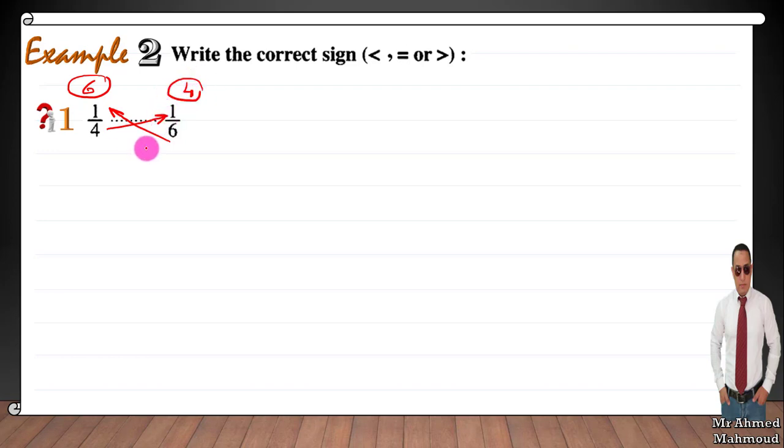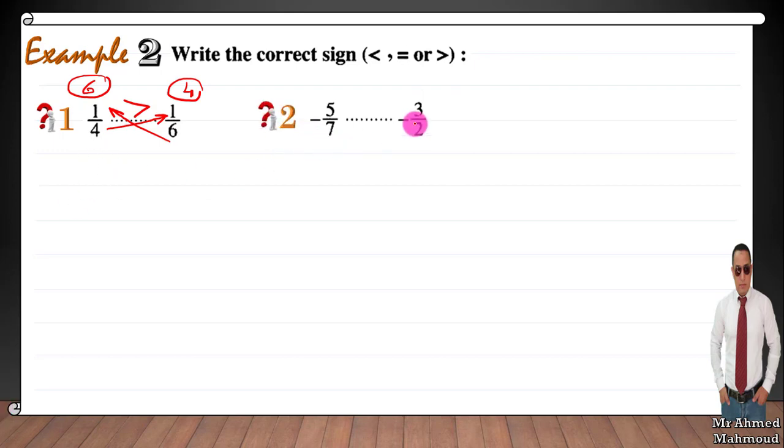Notice that the multiplication comes from down to up, like this. It's very important. Now 6 is greater than 4, so this one is bigger.